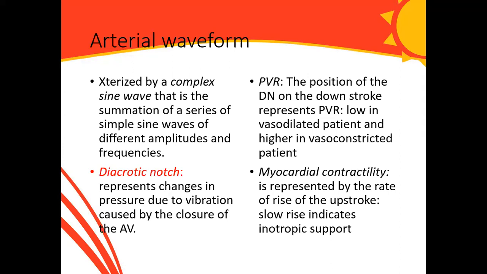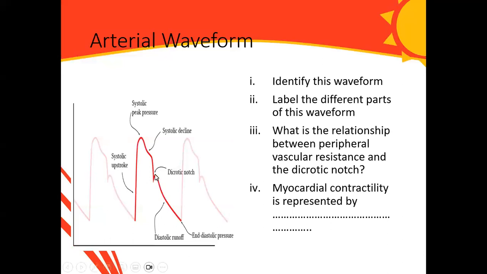If the rise of the upstroke is slow, after you've inserted your A line, that is an indication for you to put the patient on inotropic support. However, once you put it on and there's a good response, you can see that the upstroke will be steeper and the rise will be faster, showing a positive response to your inotropic or vasopressor.